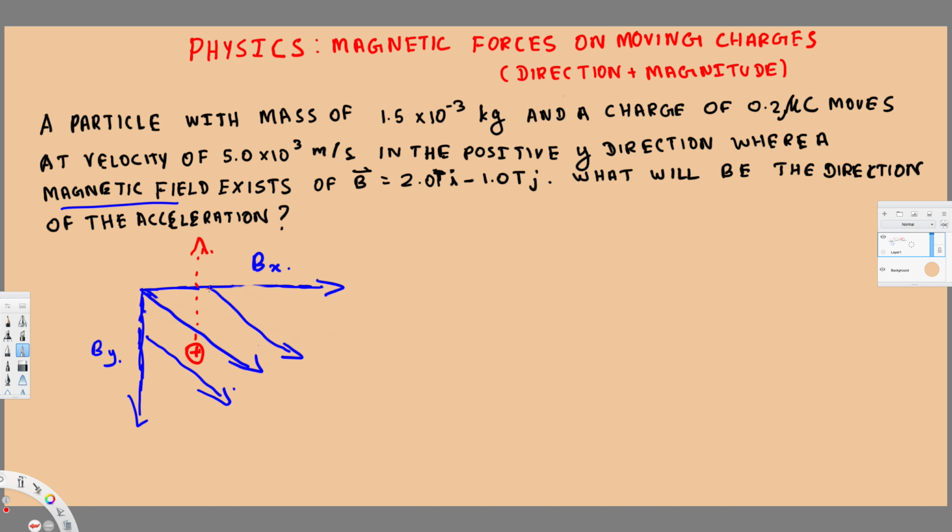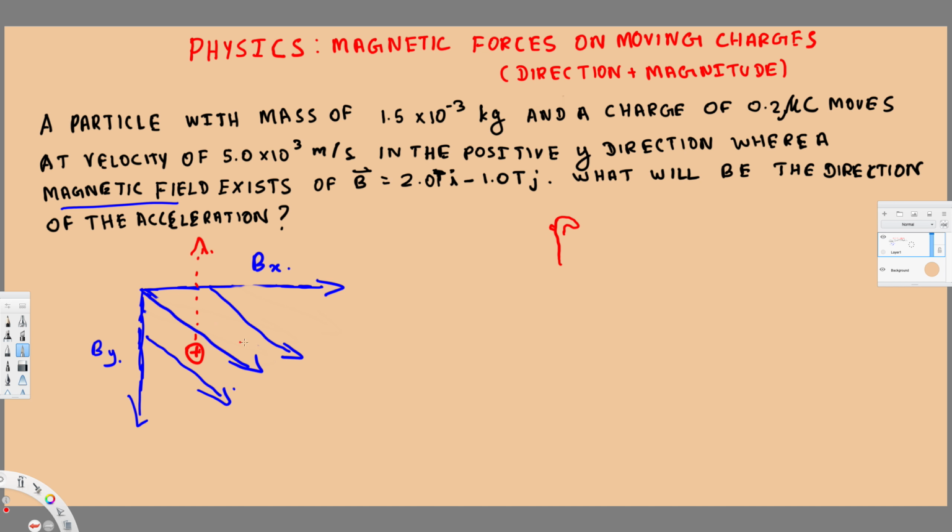And to find the direction of the force, what we do is, since this is a positive charge, we have to use the right hand. If you set your hand and bend according to this magnetic field direction, your thumb will go inside, right?